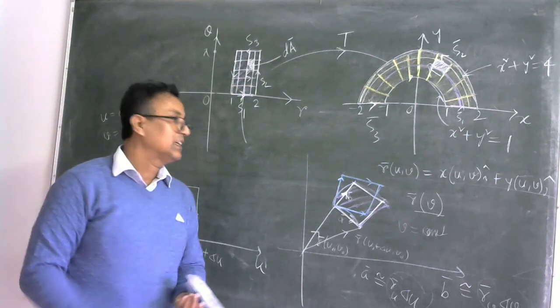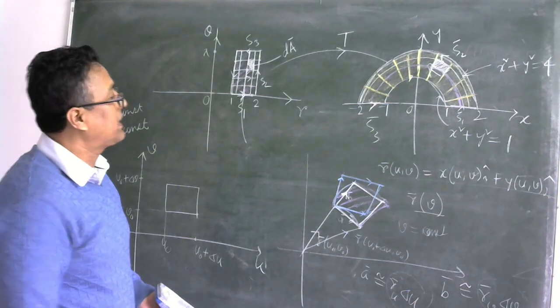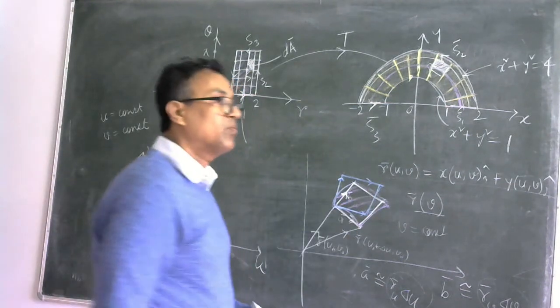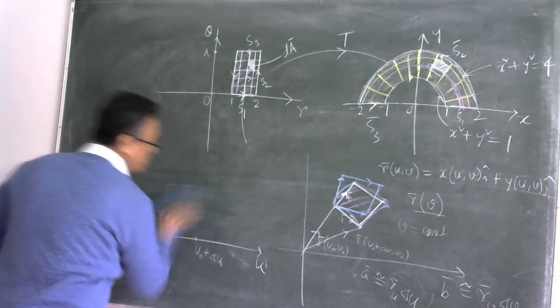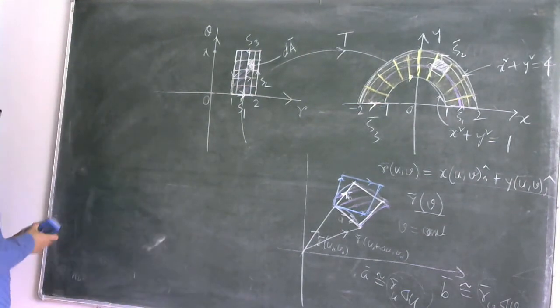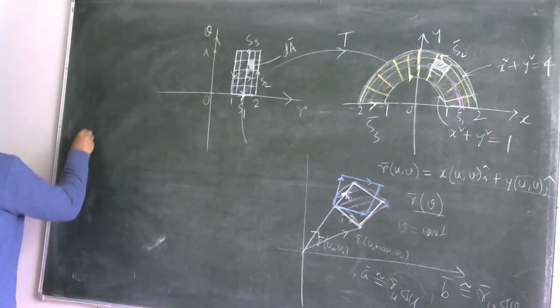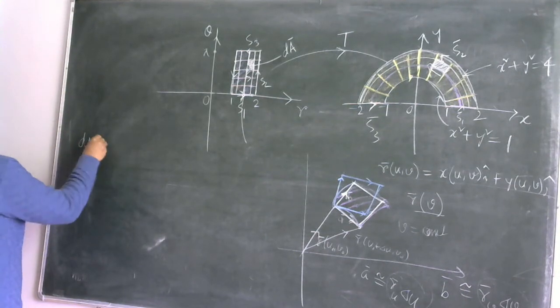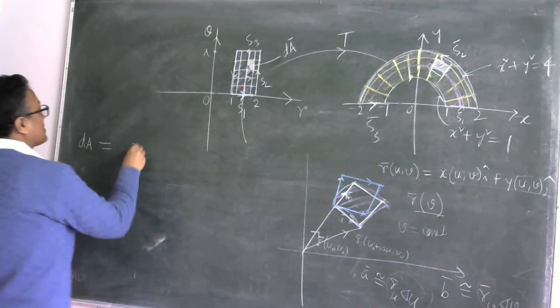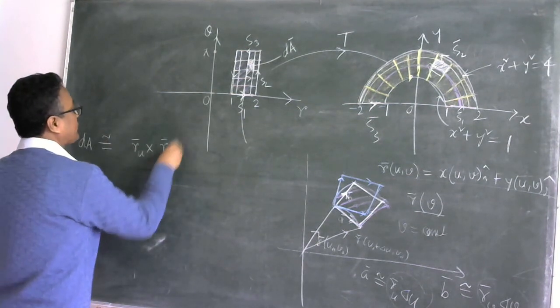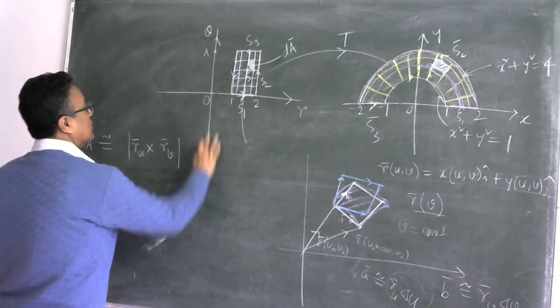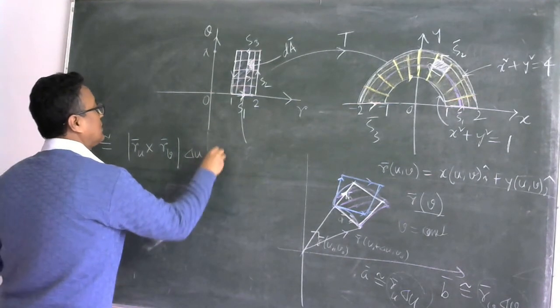Okay, and later on, what we did, I told you that eventually this dA was approximately the magnitude of r_u cross r_v times delta u delta v.